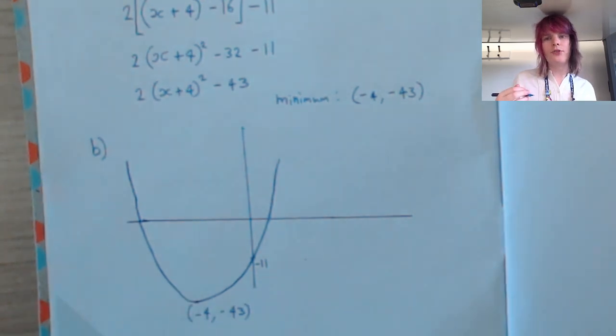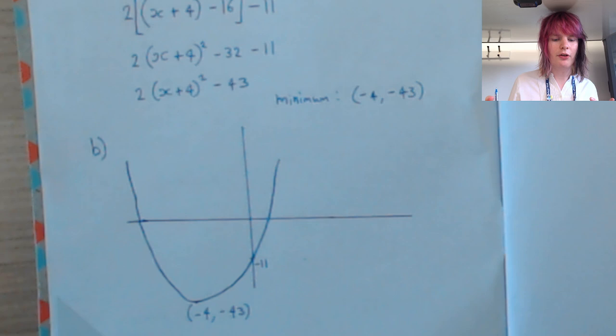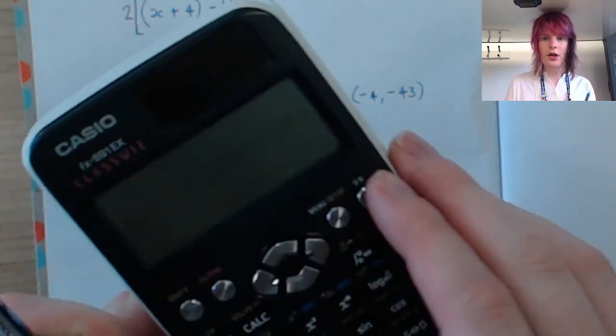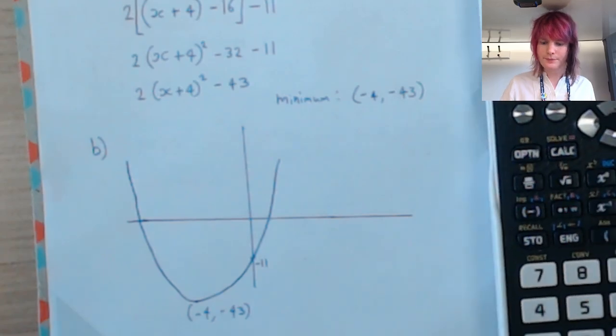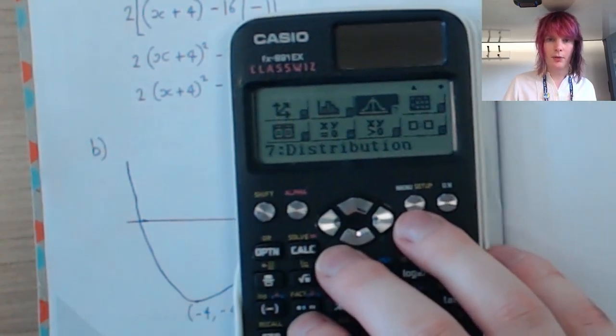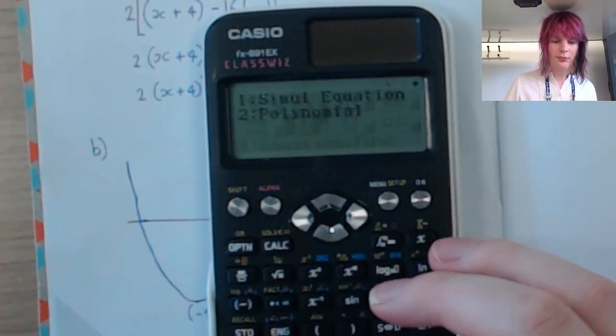And if you wanted to, you could also find the roots for this equation. You could do that either using your calculator or by factorizing this. Now, I don't think there's a very nice factorization for this, just looking at it. So we'll turn to our calculator, where we're going to go to our equation mode.